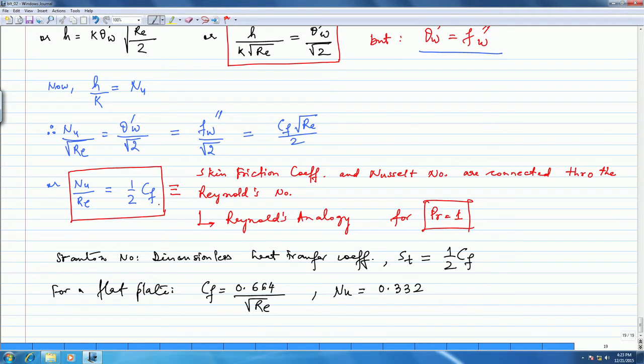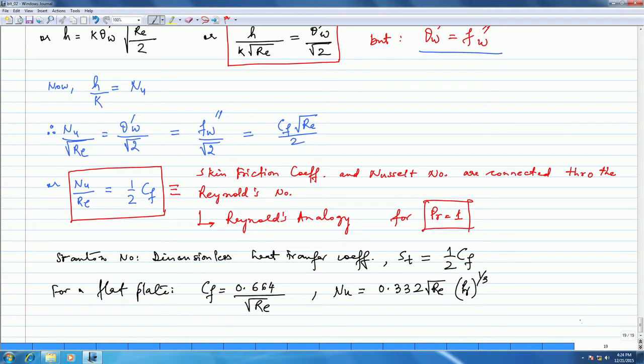If you see here, this expression, the Nusselt number is equal to the Reynolds number into half of Cf, which is equal to under root Re and Prandtl number to the power 1/3.